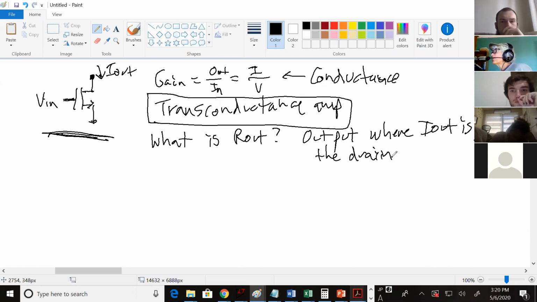Okay, I think I have it recorded now. So what's the first step if somebody asks you for the small signal resistance? Draw the small signal model. Okay, so I'll do that.